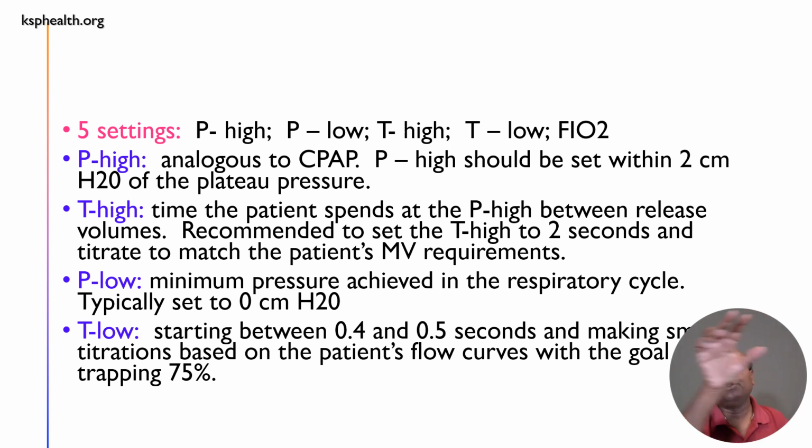So we use the same plateau pressure as the P high pressure. T high, as I said, starts with 2 seconds, especially when you are dealing with hypercarbia. P low is often set at 0, and T low starts with 0.4, 0.5 seconds and is titrated up or down based on the oxygenation.